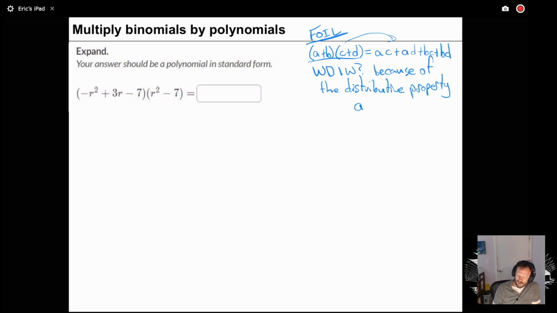The distributive property says you have something like this, where a number multiplied by a sum in parentheses is equal to the number times the first part of the sum plus the number times the second part of the sum. That's not exactly what we have here.